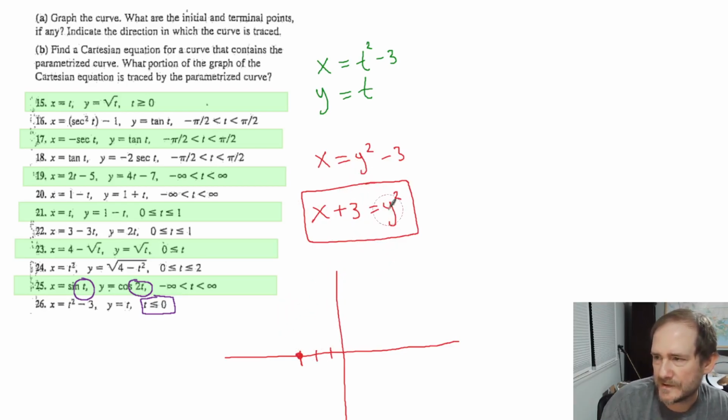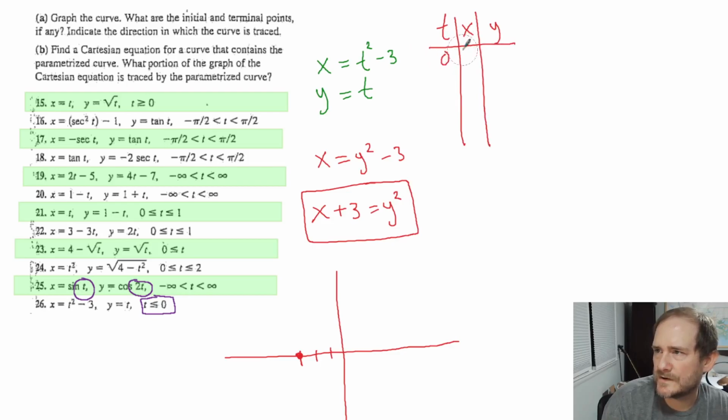And then from there, let's do the parametrics. I still think that's best. So what do you get when t is 0? You get negative 3, 0. Which is no big surprise that our vertex is associated with time 0.